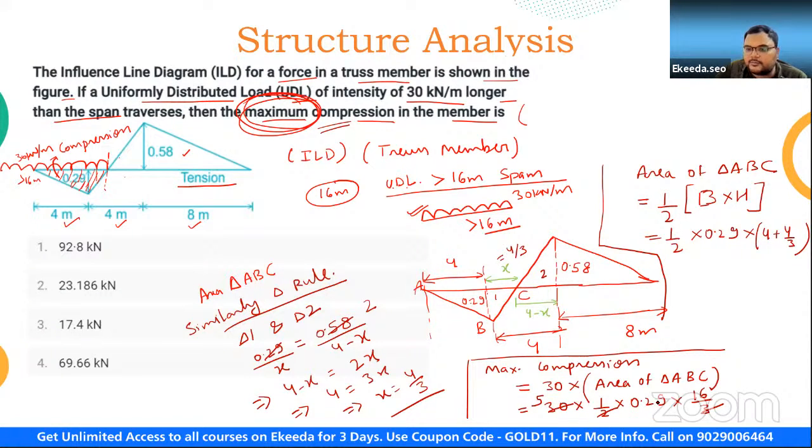So 5 into 0.29 into 16. 16 5s is 80 into 0.29. So it will come out around 23.186.